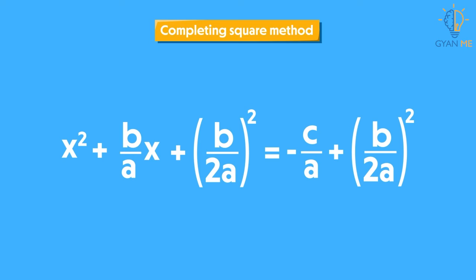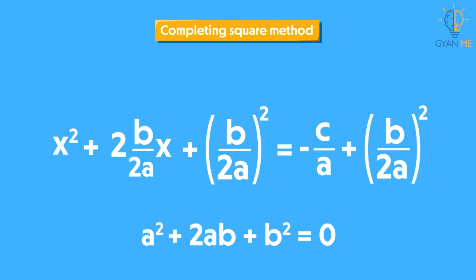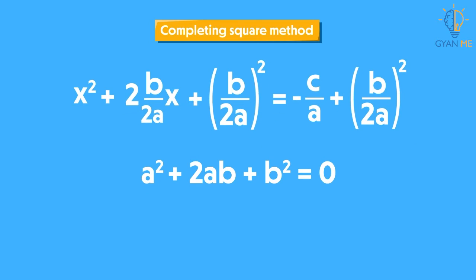Now compare this equation with the standard expression a square plus 2ab plus b square. As per identity, we can write down a square plus 2ab plus b square as a plus b whole square.